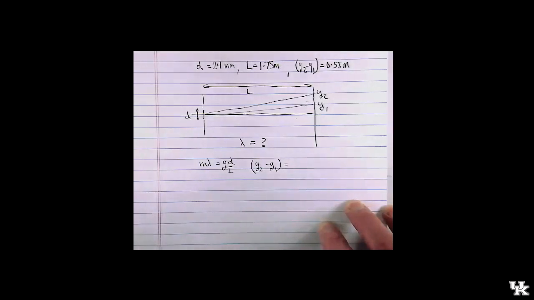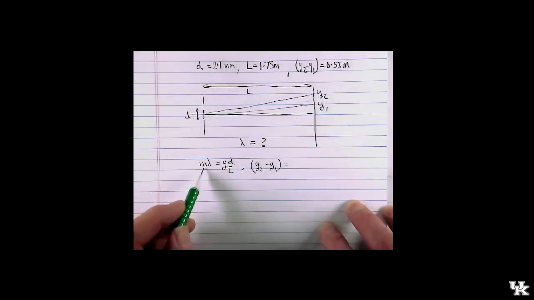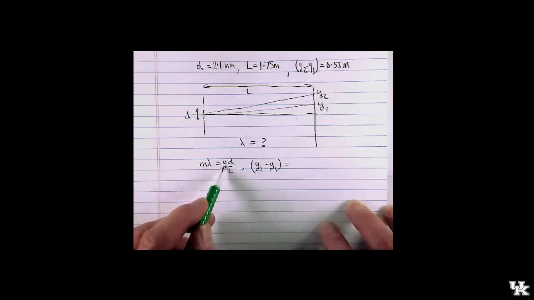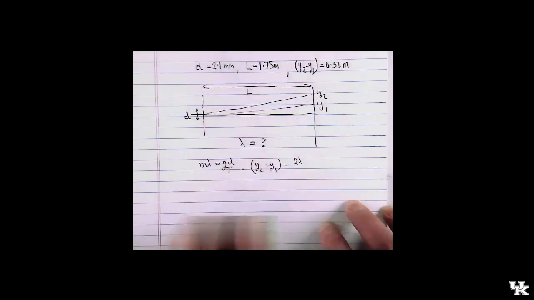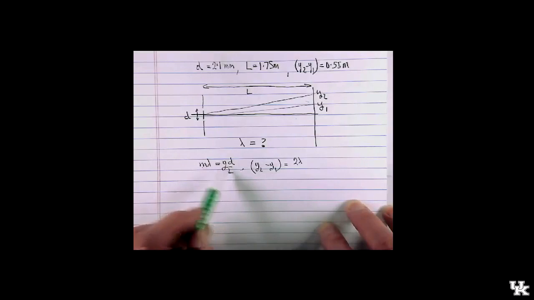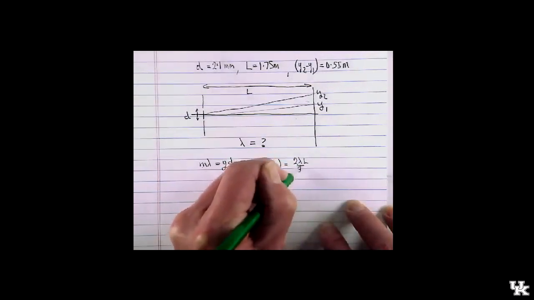The second order one, based on this equation over here on the left, is when m is 2. So if I plug in m equals 2 and I write this equation for y2, I'm going to get a 2 lambda, and I'm going to have to multiply by L and divide by d.